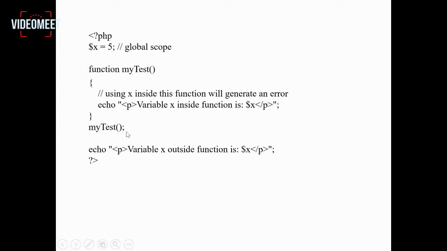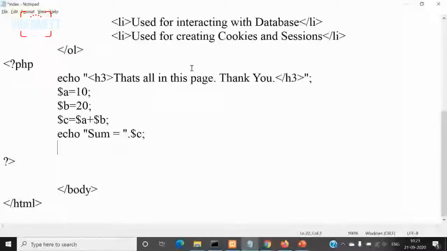Then I'm making a call to the myTest function, and if I echo the value of x outside the function, this will not generate any error. This is not going to generate any error, but this is going to generate an error. Right? So let me write this here. I'll write a function here.